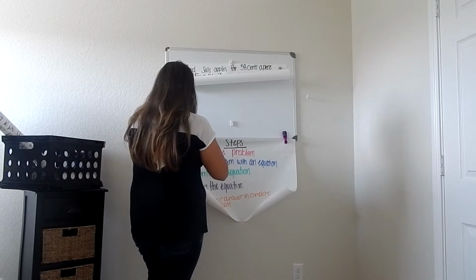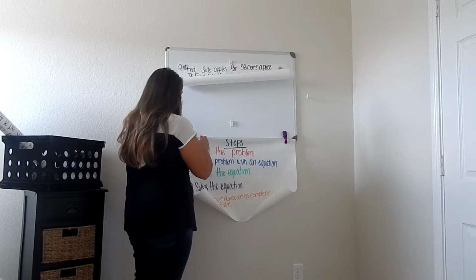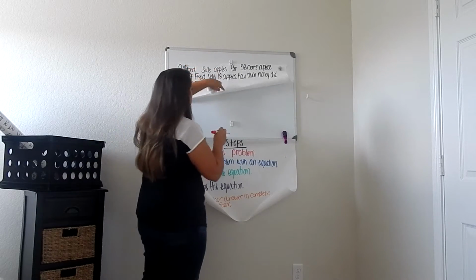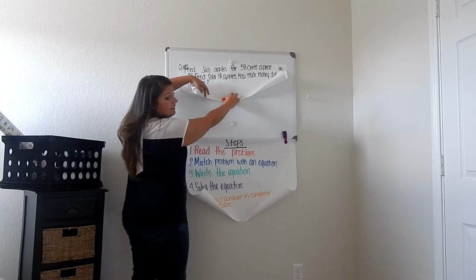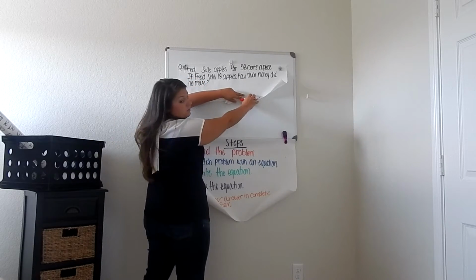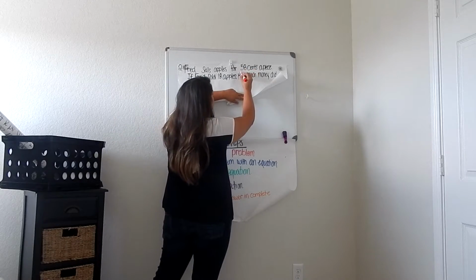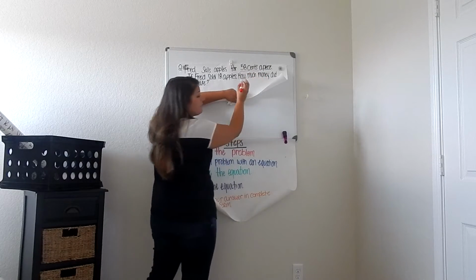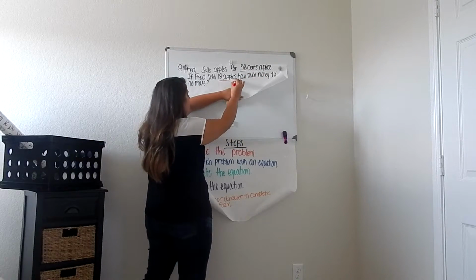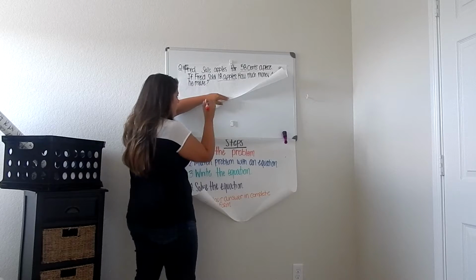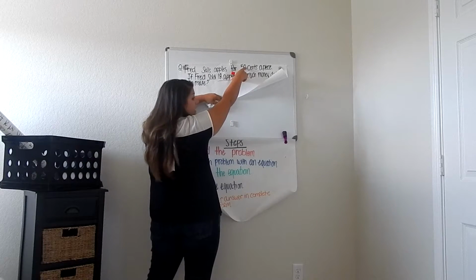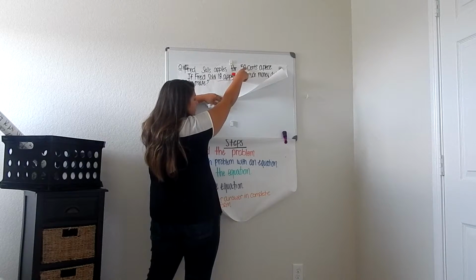Okay, so we read the problem, correct? Can we figure out what our input is going to be? Our input values? Right, 58 cents, 58 cents and 18. Okay, so those are our two quantities in our word problem that we found.